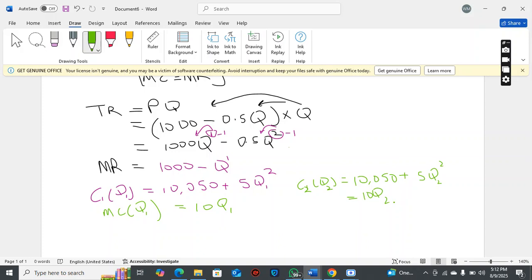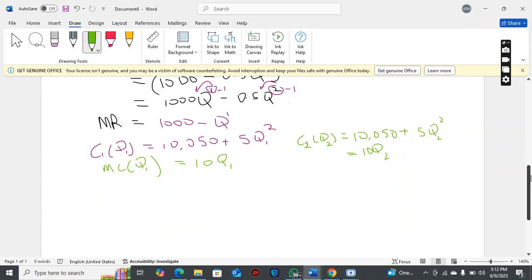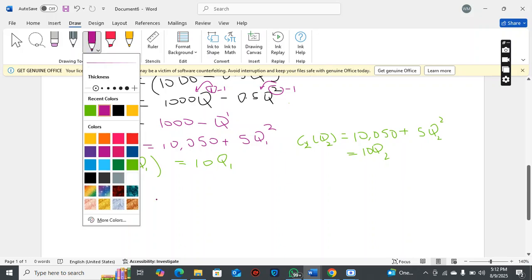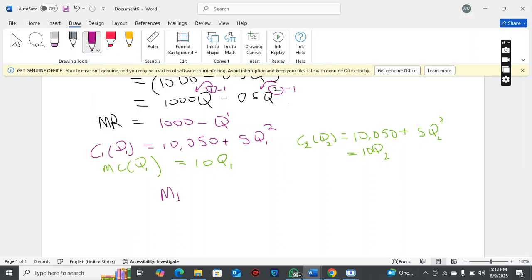So here, first things first, as I said, the point of profit maximization is where marginal revenue equals marginal cost. Here we've got two marginal costs, MC1 and MC2.